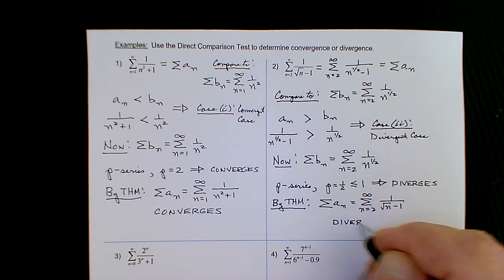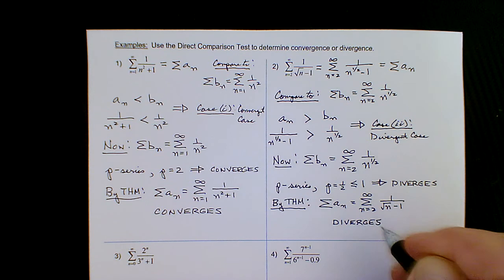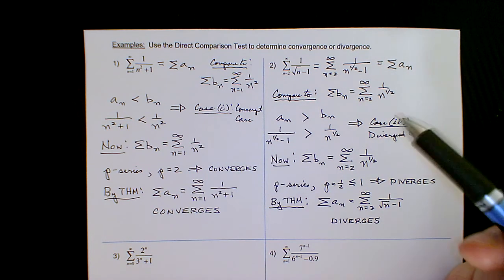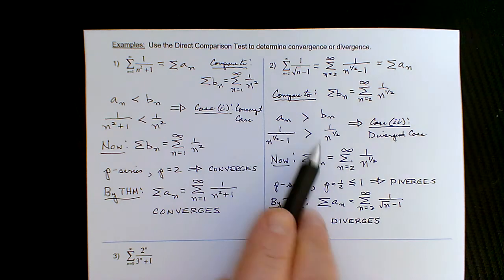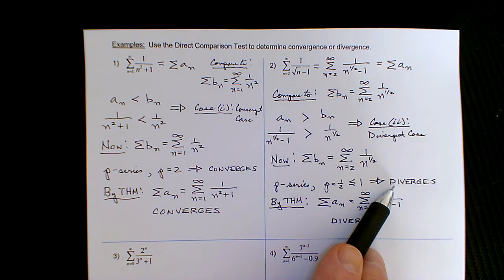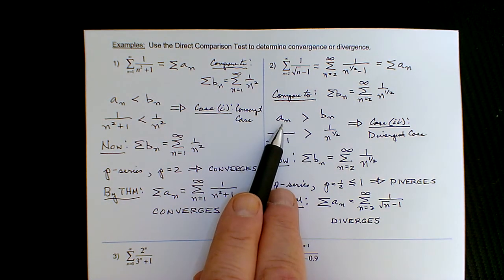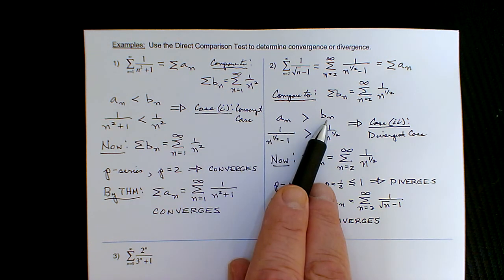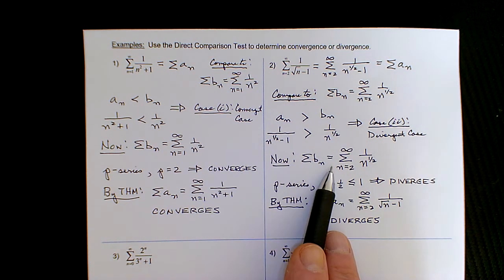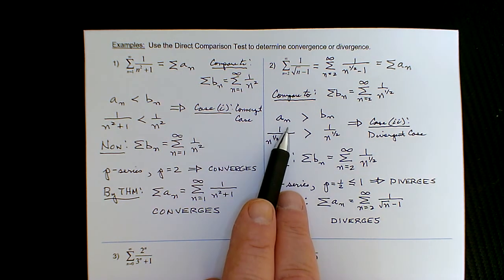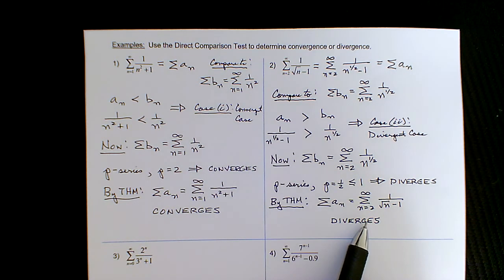And the reason why that statement is necessary is because in the theorem, it's these two things that determine divergence in this case. The fact that we have a series that we've proven has terms that are greater than the comparison series, and if the comparison series diverges, which we had proven, then our series being bigger than that series would also have to diverge. So that's a necessary statement.